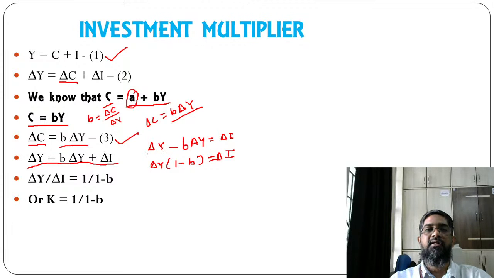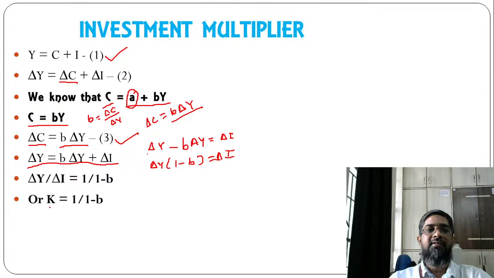Here delta Y we have taken as common, so 1 is left, and b will be there. Simplifying this, delta Y upon delta I will be 1 upon 1 minus b.